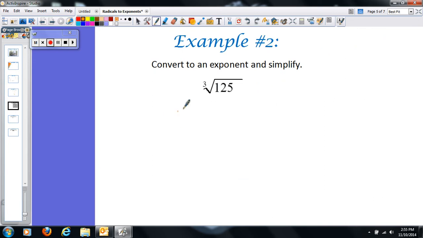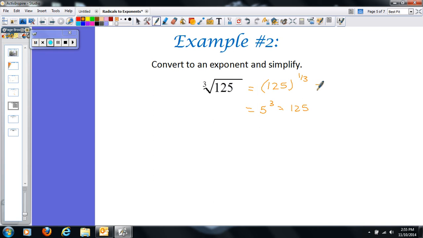So when we look at example number 2, you're going to convert to an exponent. So this is going to be 125 to the 1/3 power. Okay, and if we find the 1/3 power, basically we're going to end up finding out that 5 to the 3rd is 125.